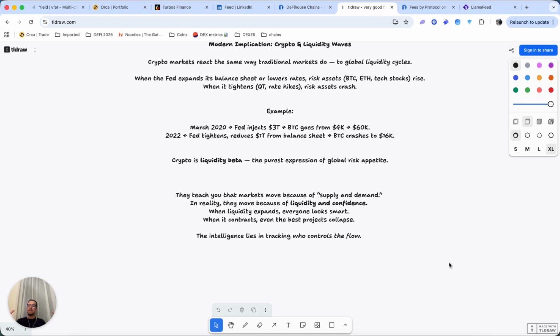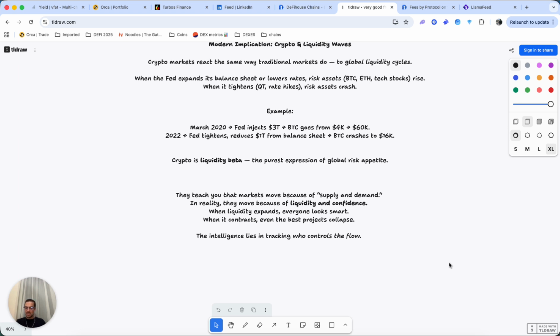But when the liquidity contracts, and especially if this happens quickly, in some cases overnight, even the best projects collapse. Bankruptcies, in the crypto world the rug pulls, everything is going down and it's the worst possible days in the markets.